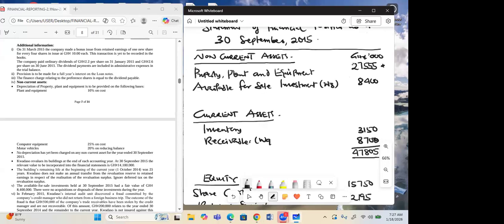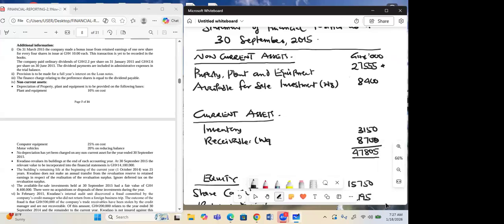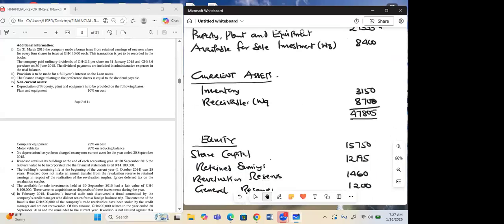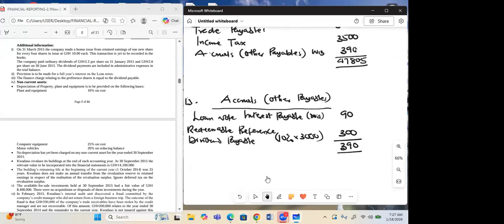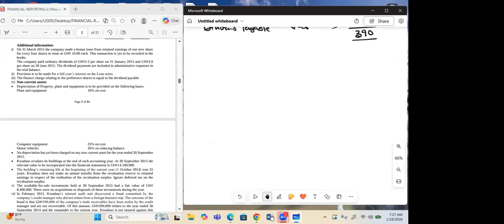Now let us go and work it and confirm if what we found is actually correct. So let's work our PPE as working 14, the very last working.